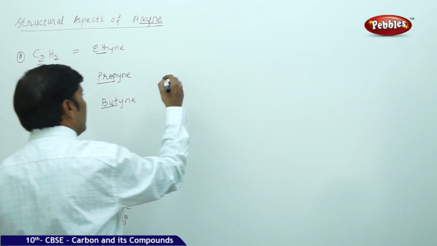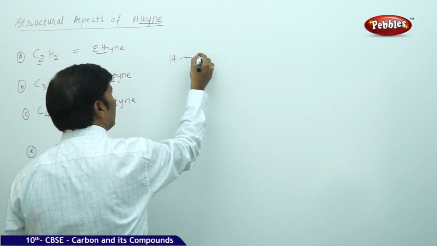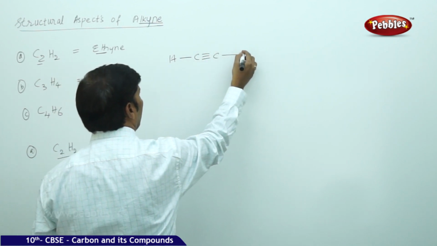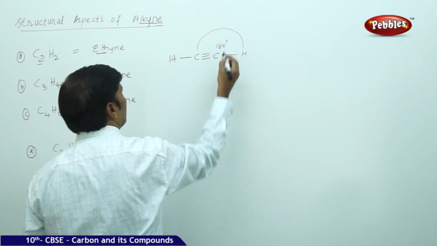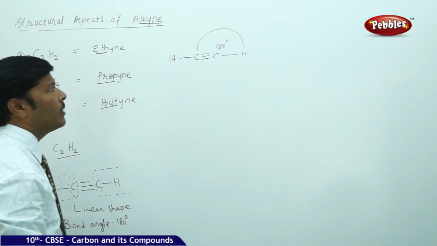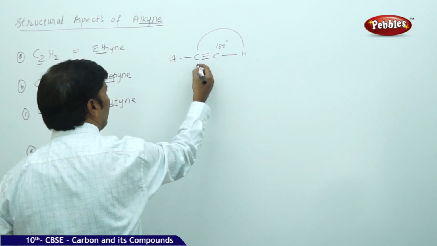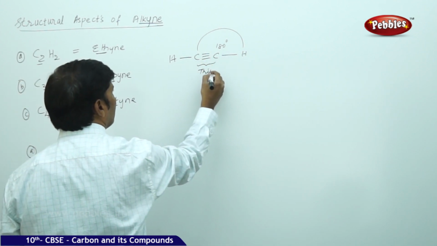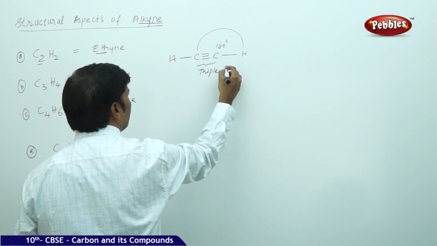Suppose you take the same structure as carbon triple bond, hydrogen, here the bond angle between carbon and hydrogen is 180°, and between two carbons there is a triple bond. This triple bond is an important characteristic feature of the alkynes.